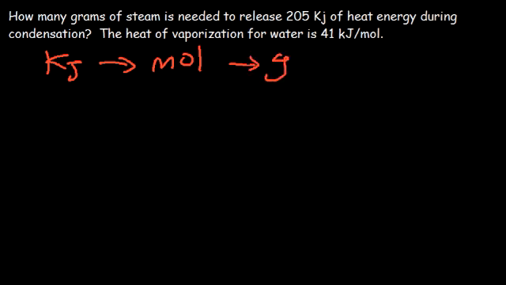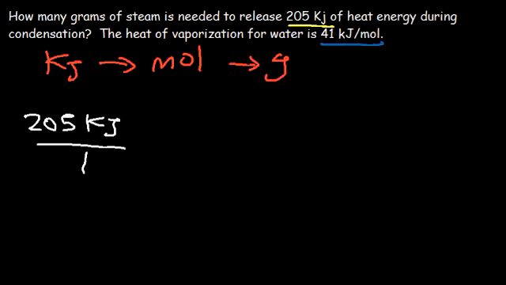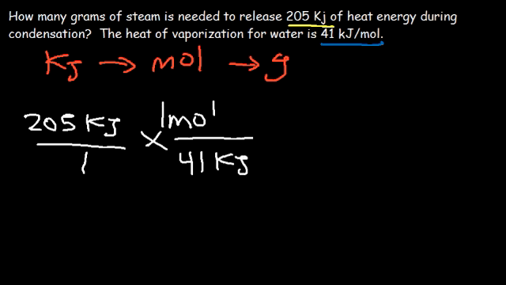So let's start with the heat energy, 205 kilojoules over 1. Now the heat of vaporization connects kilojoules to moles, so we can convert kilojoules to moles using that. So for every 41 kilojoules of heat energy that's released, 1 mole of steam condenses into liquid water.